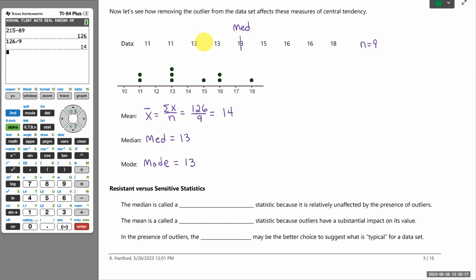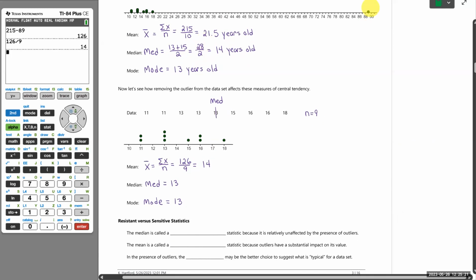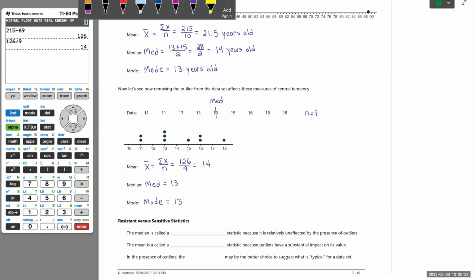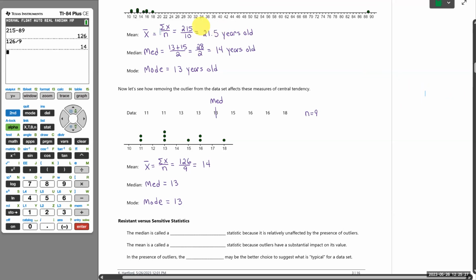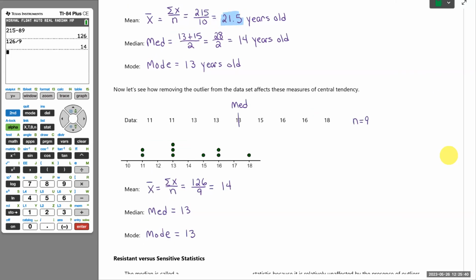All right, so then we just do a little comparison here. The value that I saw a big change in with or without the outlier was the mean. When we had the outlier in the data, it came out to be 21.5 years.